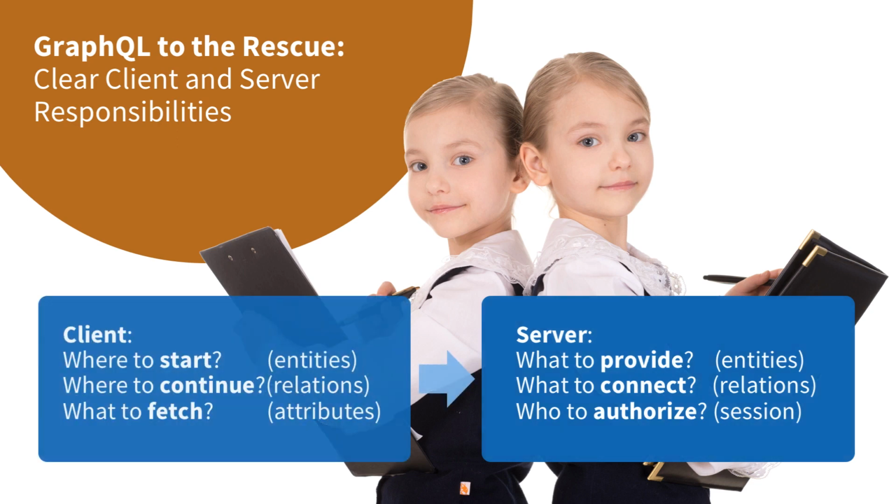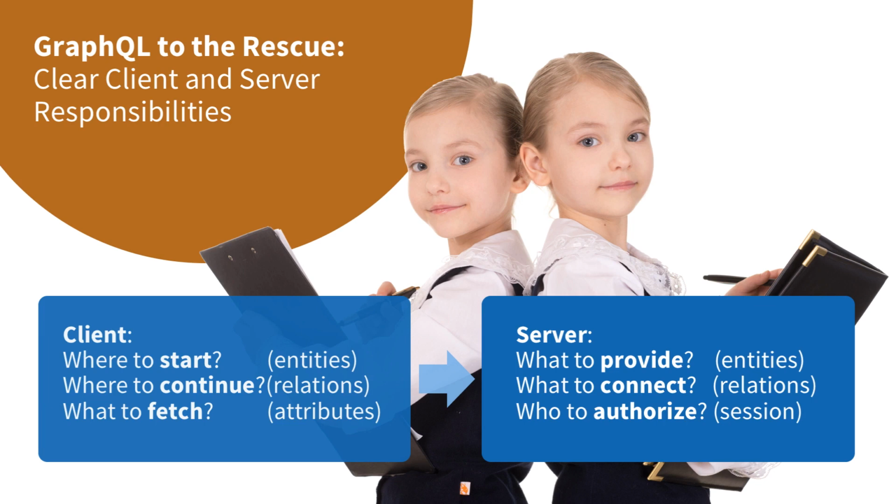The client, on the other hand, does exactly a different thing here. The client decides where to start with all those entities, where to continue crawling, going from relationship to relationship and from entity to entity, and what to fetch in each step, those attributes or fields of the data entities.